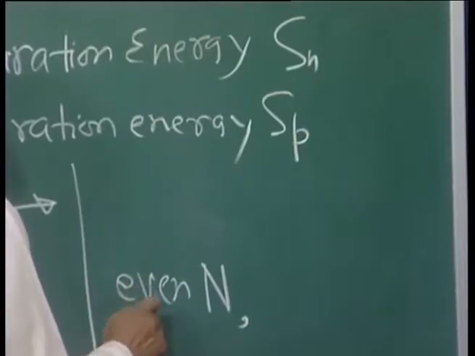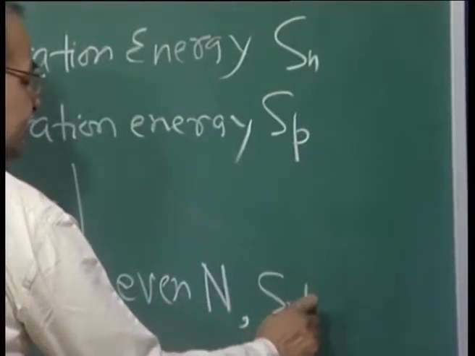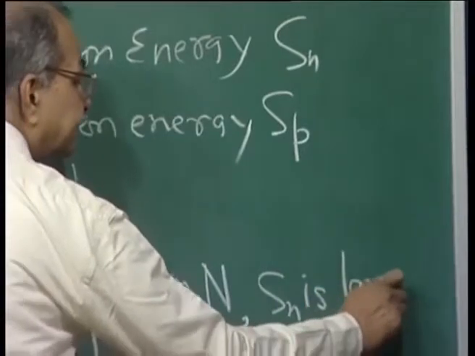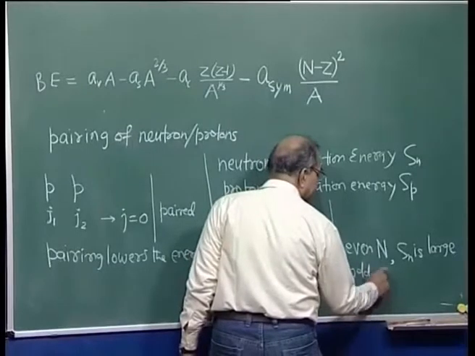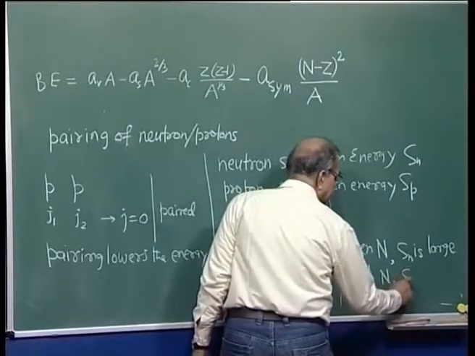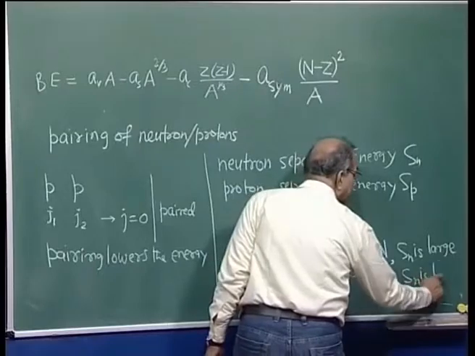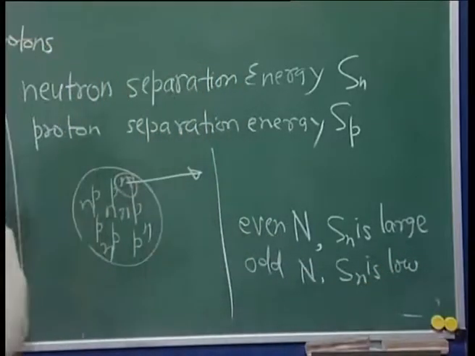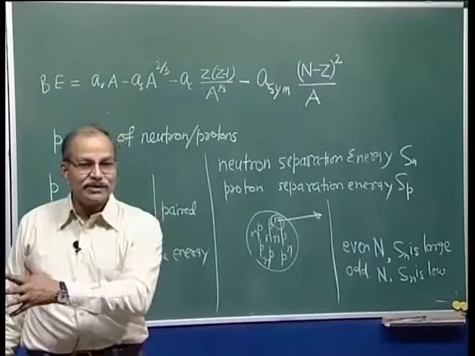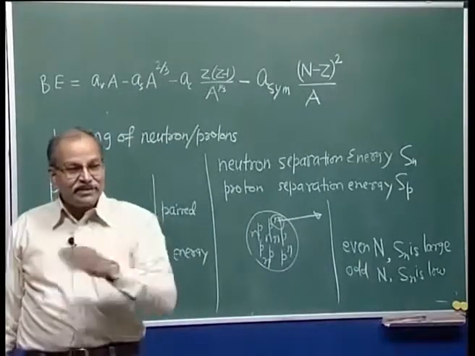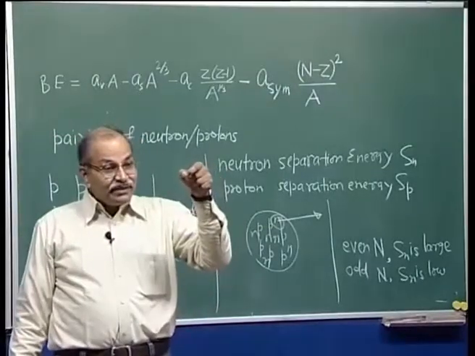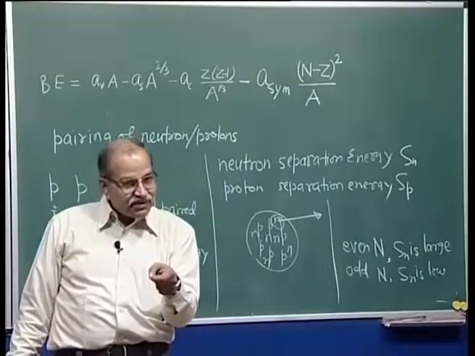So, if N is even, then Sn is large, and if N is odd, then Sn is low. This is one step ahead. Go for N equal to 86, then N equal to 87, then 88, 89, 90, and you see the fluctuations. The separation energy is large when it is even, and then the separation energy drops when it is odd.